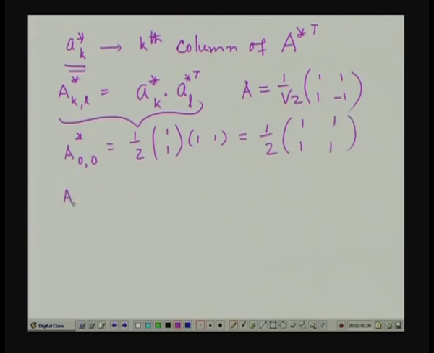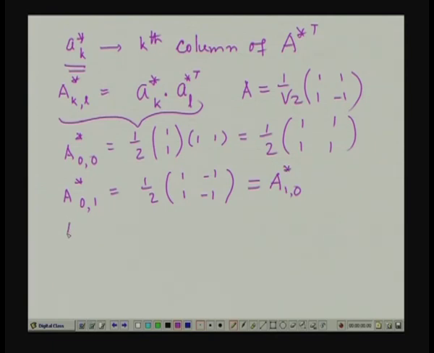Similarly, A 0 1, the 0 1th basis image, will be half into 1, 1, minus 1, minus 1, which will be the same as A 1 0, the 1 0th basis image.